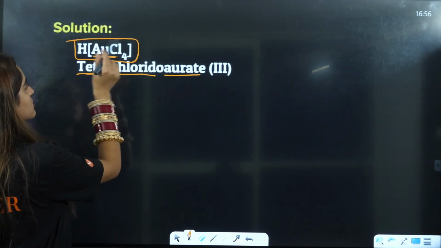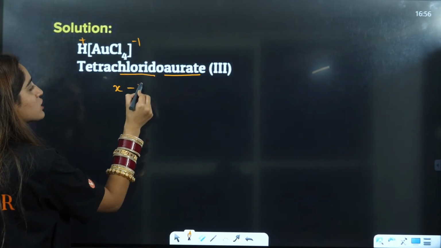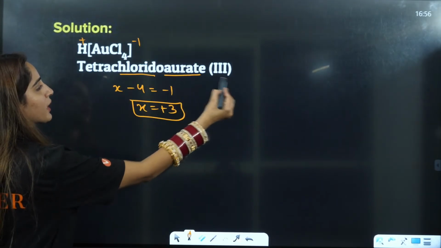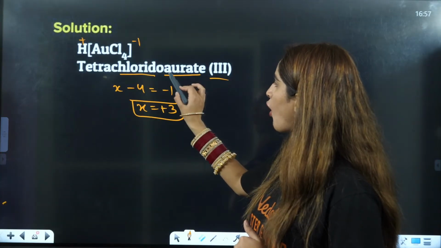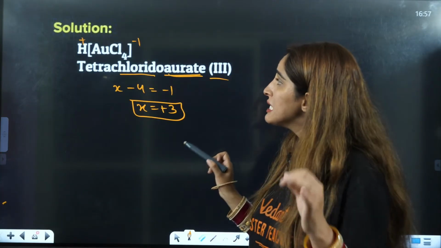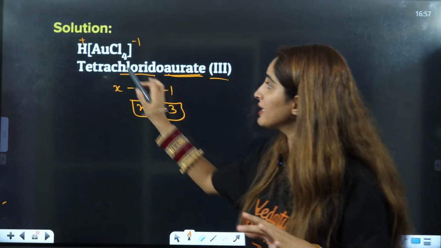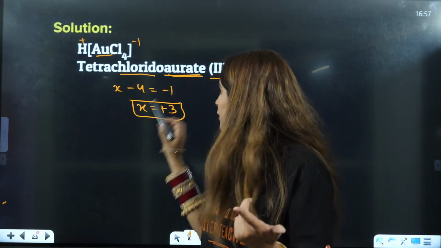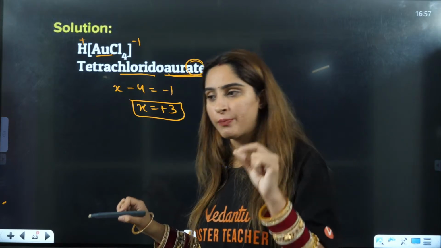If you see this, this is plus 1, this is minus 1. So x minus 4 equals minus 1, x is going to be plus 3. That is why here you have plus 3, right? And why, ma'am, here we have aurate, not gold? Because the metal ion is in the anion part. So it gives its Latin name, that is aurate. And always you have 'ate' in the end when the metal is in the anionic part, right?